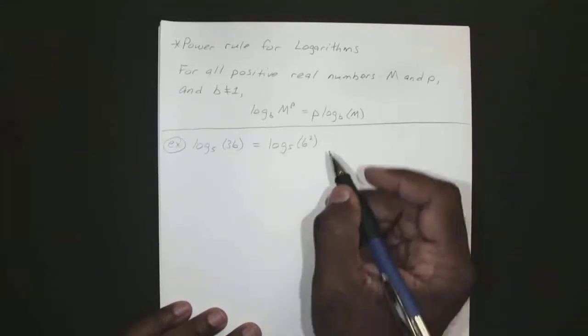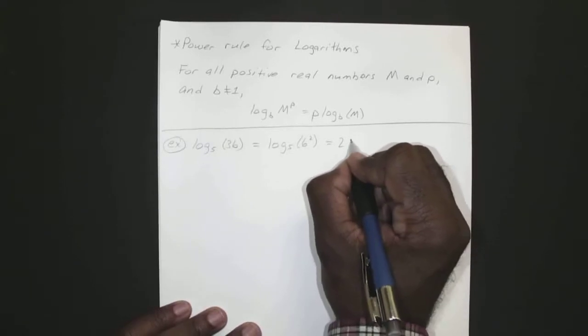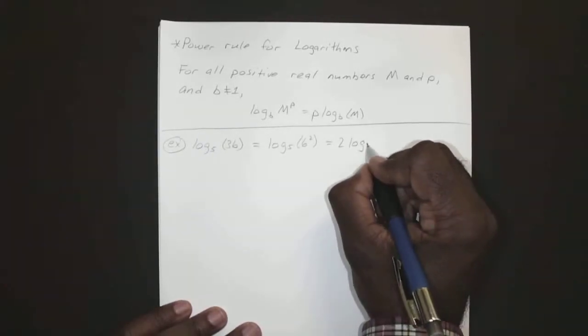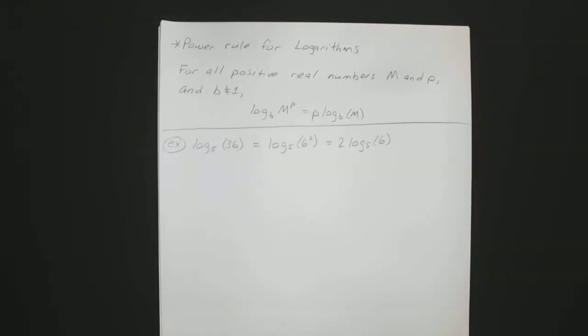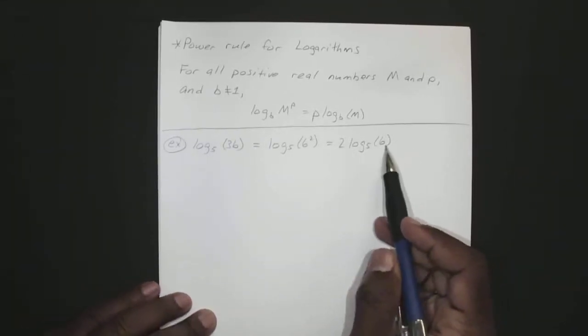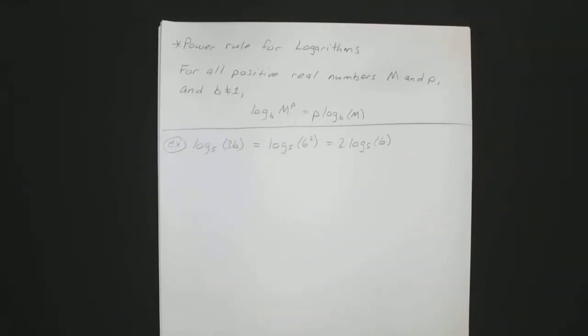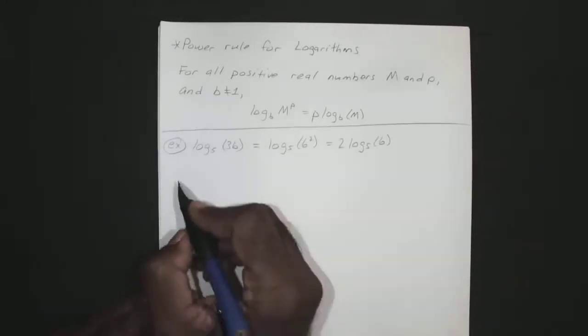And just bring that 2 down to the front. So that'll be 2 times log base 5 of 6. You can't really simplify that anymore because 5 to the power of y equals 6. There's no real number, well, no simple number that can do that.